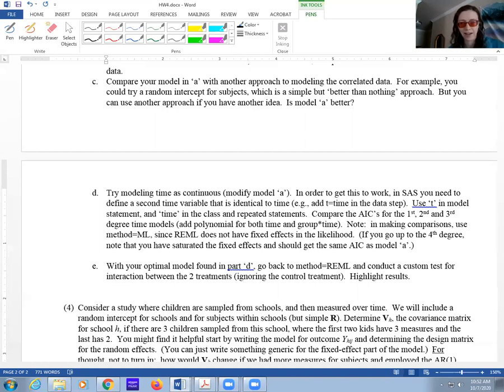When it asks you to use your optimal model from Part D, what models are included as our options? Are we just looking at the first, second, and third degree models, or can we also include the time as class model? Yeah, it could be any of those.